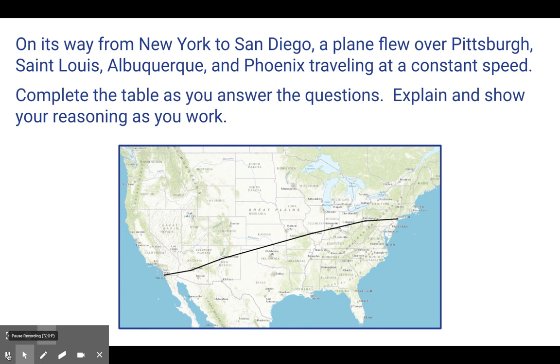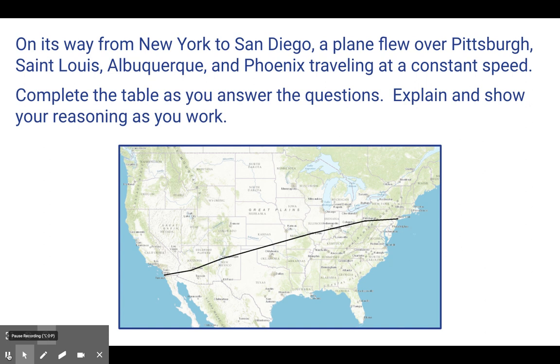So, on its way from New York to San Diego, a plane flew over Pittsburgh, St. Louis, Albuquerque, and Phoenix, traveling at a constant speed. Complete the table as you answer the questions and explain and show your reasoning. So, in your student companion, we want to be able to complete the table that's there.